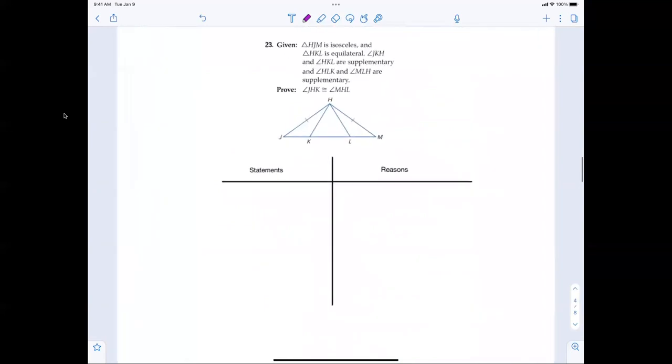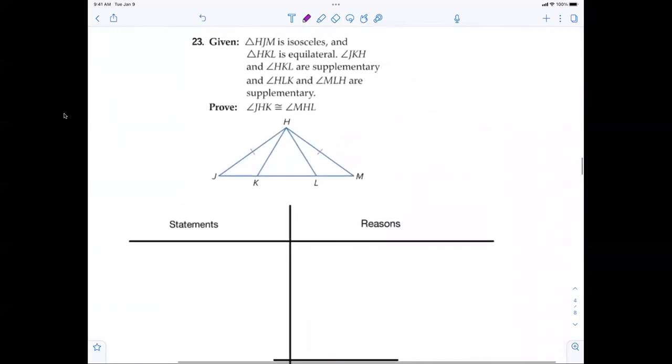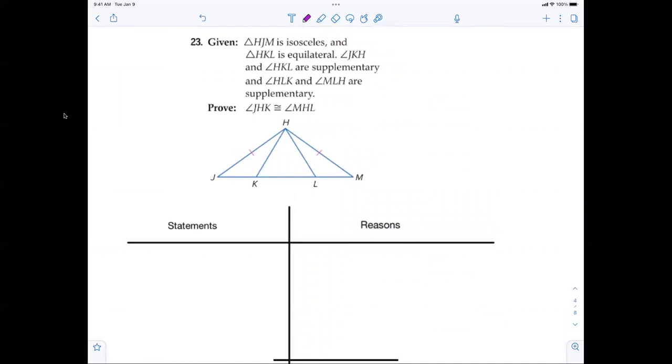All right, let's knock out 23, guys. Because triangle HJM is isosceles, immediately when they tell me isosceles, I try to also do the angles. So do that for me. This angle is equal to this angle. Does everybody agree with that?